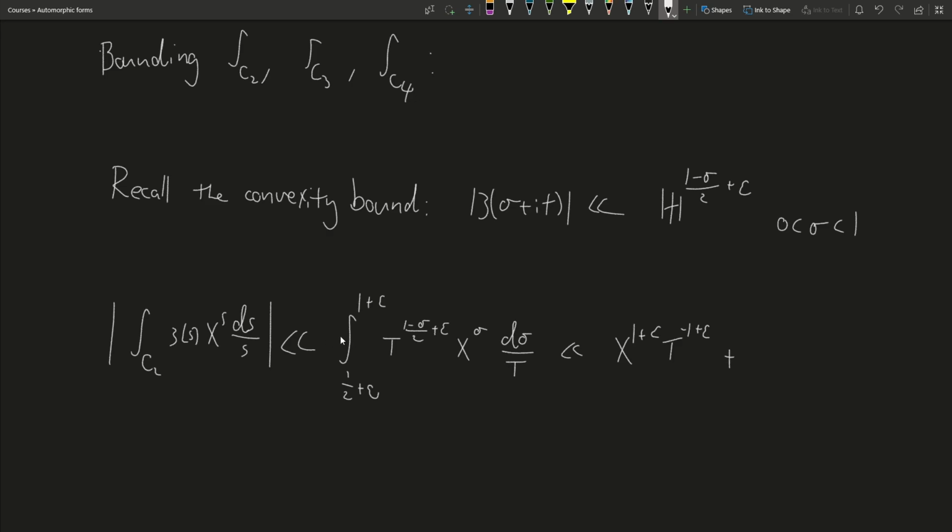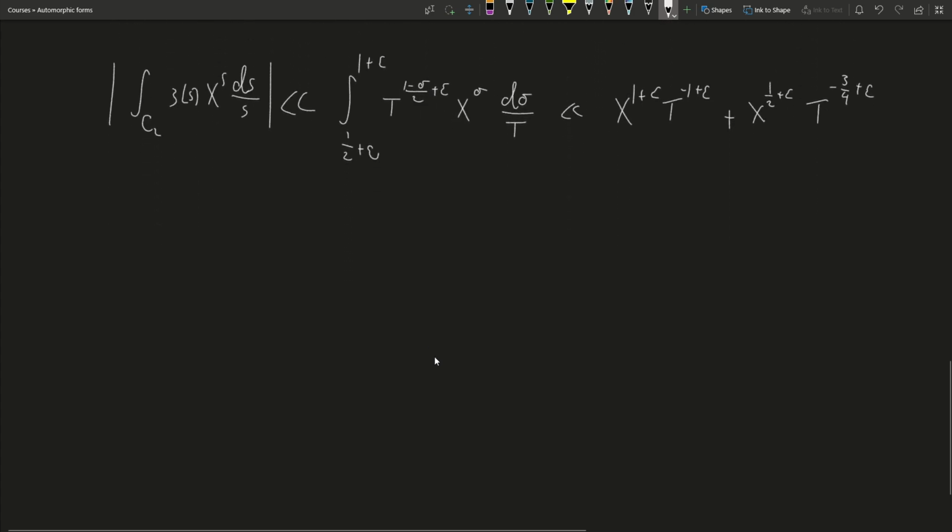And at the left edge, you get x to the 1/2 plus epsilon, and then a t to the 1/4 minus 1, so this is going to be minus 3/4 plus epsilon. Again, this has an elementary antiderivative, so if you want to do it carefully, you can do it that way. And of course, C3 is similar.